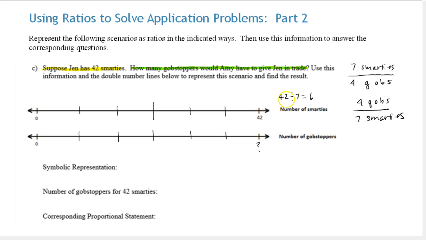Well, now we know, since this is 42 and it's 7 for every group of 6, we have 7, 14, so I'm just counting by 7s, 21, 28, 35, and 42 matches up, so that's good. Okay, and we know that we correspond 7 Smarties with 4 Gobstoppers.